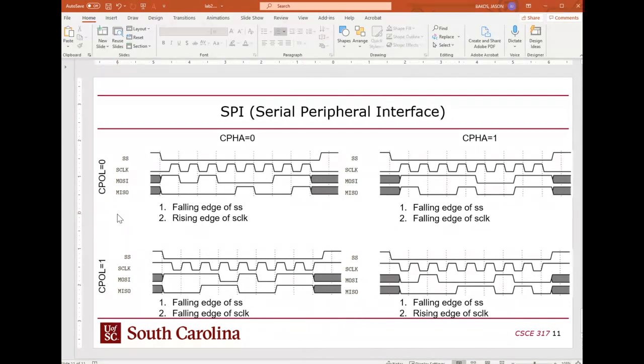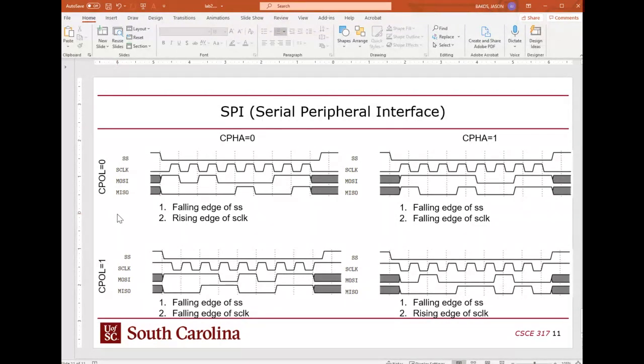And assuming I did this correctly, if CPOL is 0 and CFA is 1, or if CPOL is 1 and CFA is 0. So basically, there's two cases.